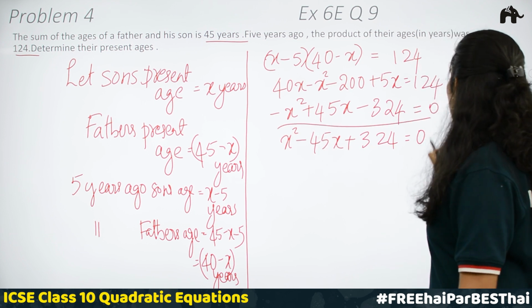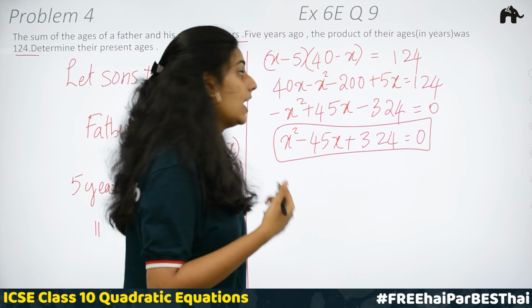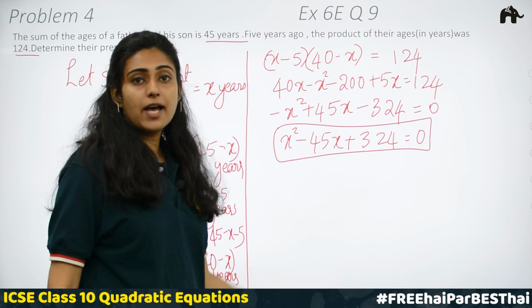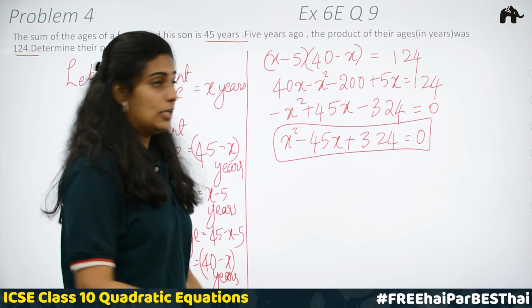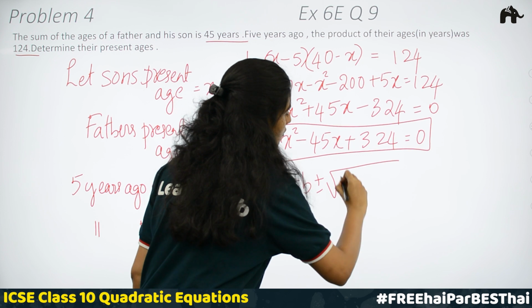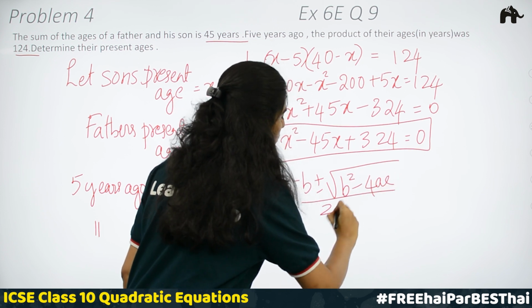Now, this is our required quadratic equation. Solving this, we get the value of x, which is the present age of son. Let us solve this by using the quadratic formula. x is equal to minus b plus or minus root of b square minus 4ac divided by 2a.